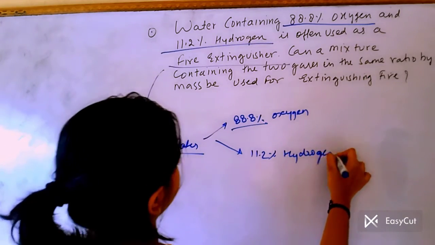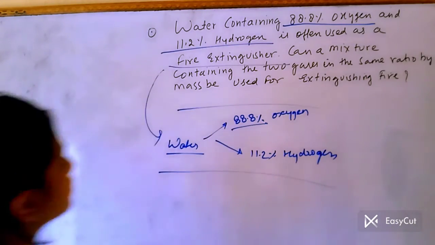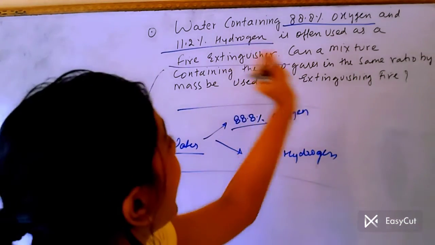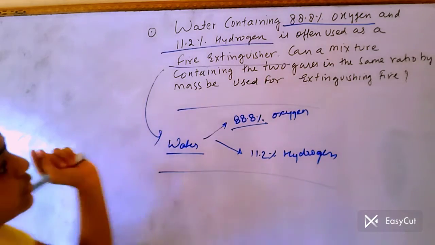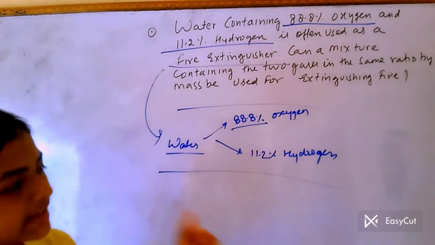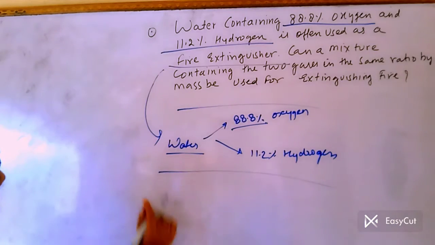And this water, with this ratio, is used as a fire extinguisher. Now it is saying, can a mixture containing the two gases in the same ratio by mass be used for extinguishing fire? What is it saying now?